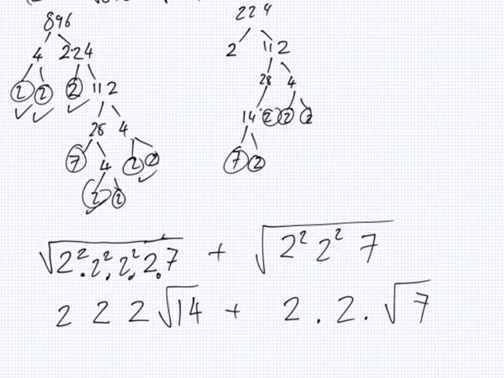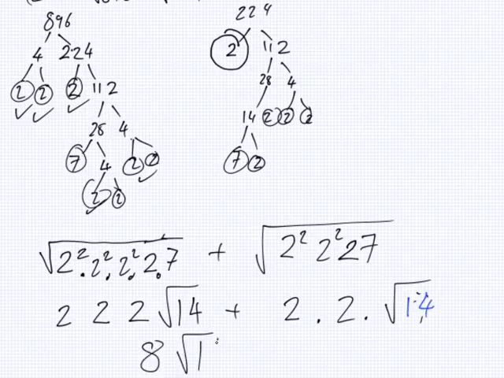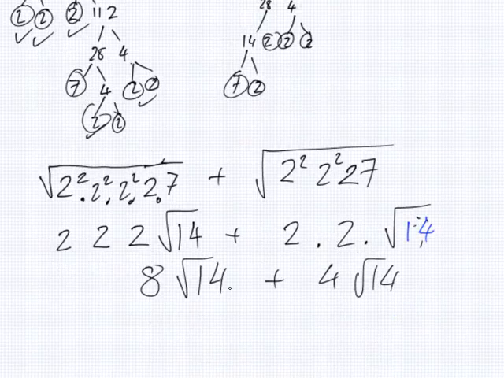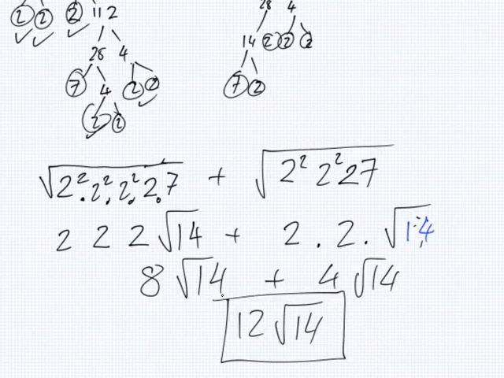Did I miscount? Ah! Look at this guy! Right here. Forgot about him. Alright. 2 here, which makes this a 14 then. That's better. So this will be 8 root 14 plus 4 root 14. And there you go. 12 root 14 is the final answer.